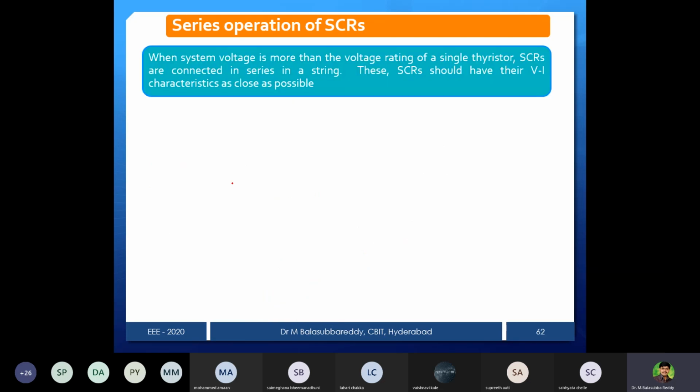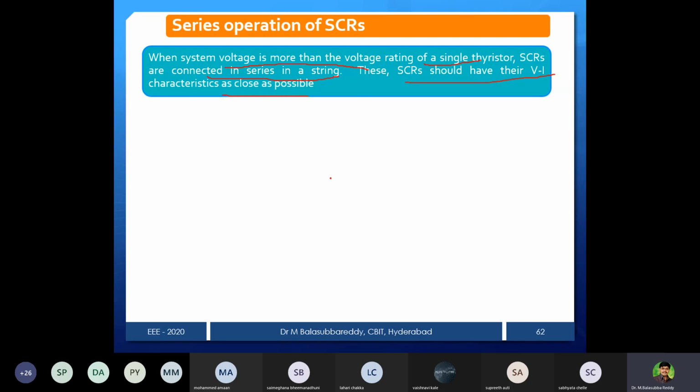Whatever I explained so far, I have given as some small points. I'm explaining why we go for series operation. When the system voltage is more than the rating of one SCR, we need to connect SCRs in series in a string. The SCRs should have VI characteristics as close as possible.